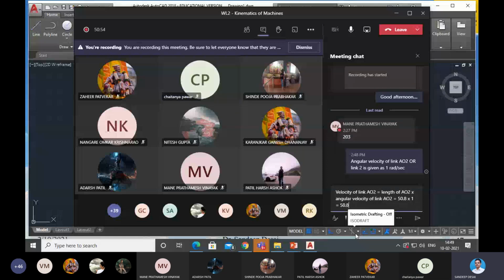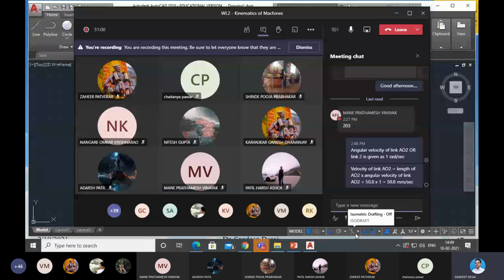So it is 50.8 millimeter per second. मीटर पर सेकंड मध्ये आपण कॅल्क्युलेट केलेलं नाहीये, मिलीमीटर मध्ये करतोय. मीटर पर सेकंड मध्ये करायचं असतं तर 50.8 should have been converted to meters. दोन्ही सारखंच. 50.8 millimeter per second. बरोबर?